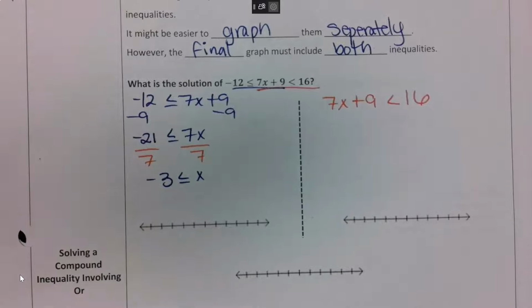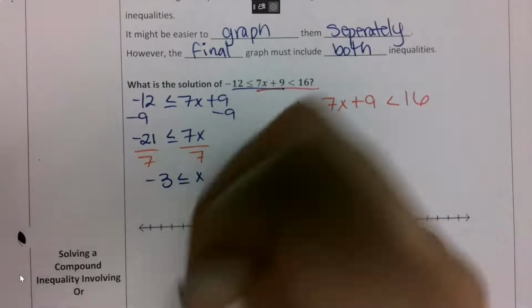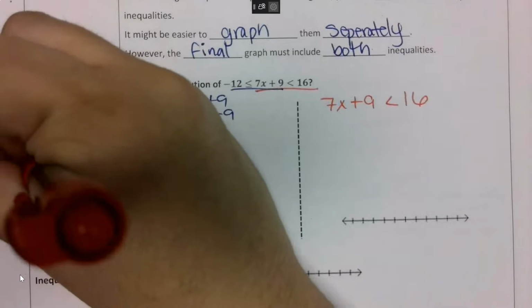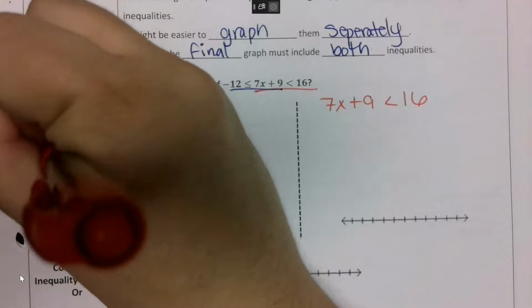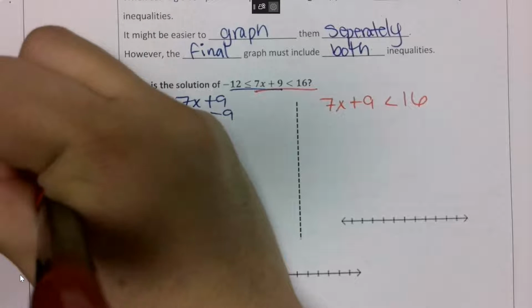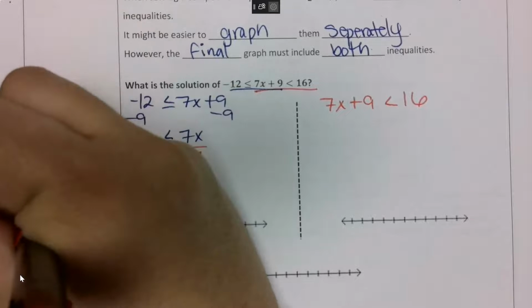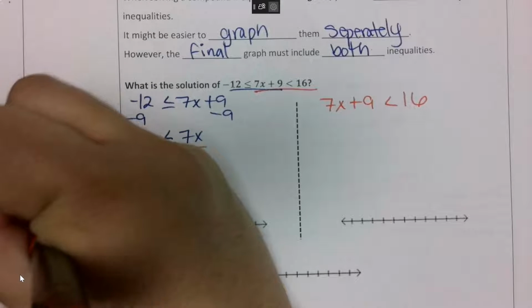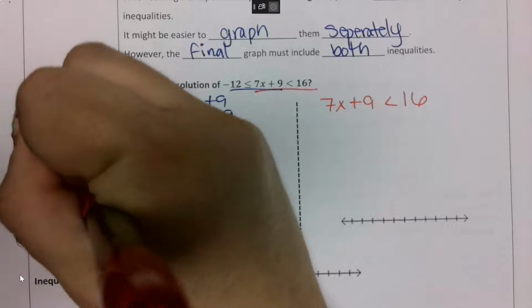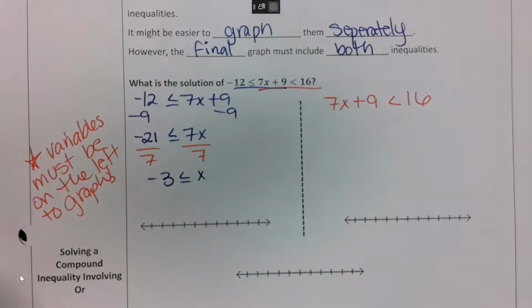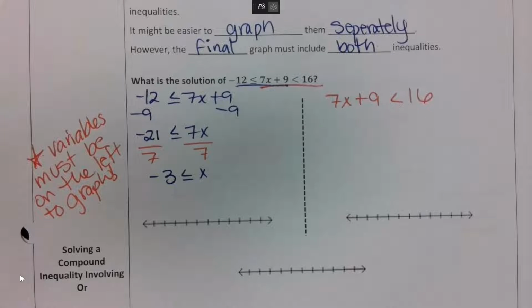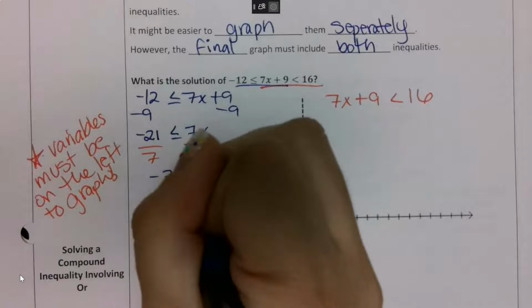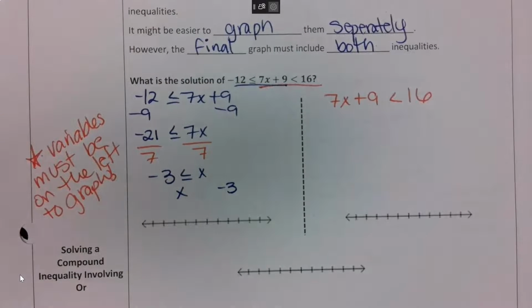I want to write it with my variable on the left. So to do that, I flip the place of the x and the negative 3.